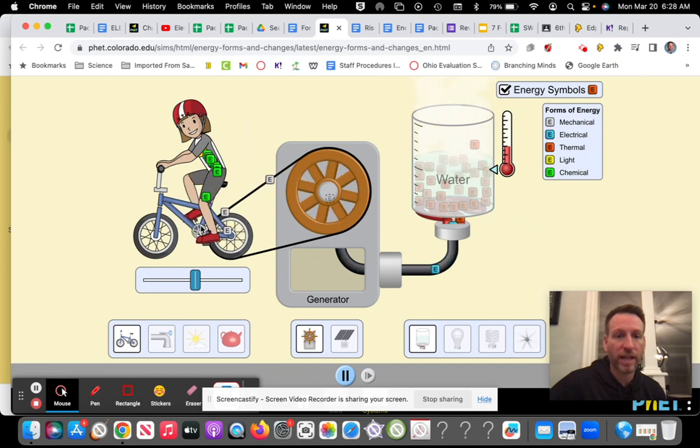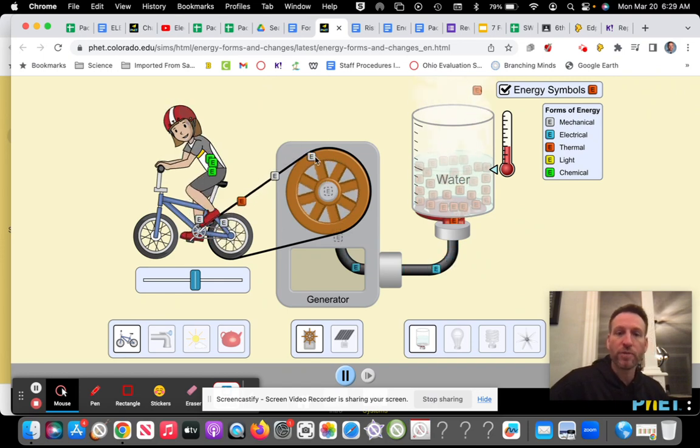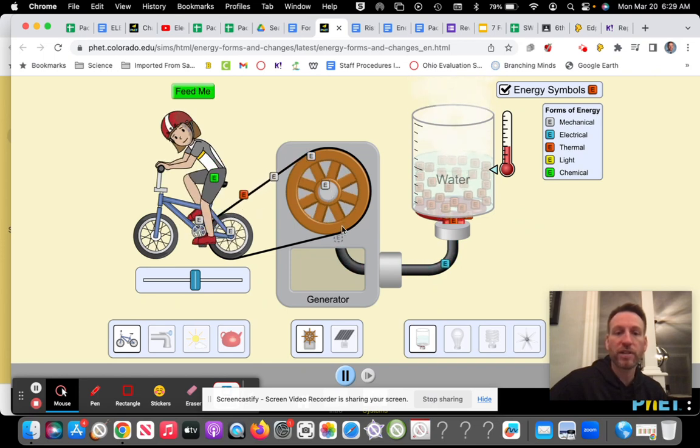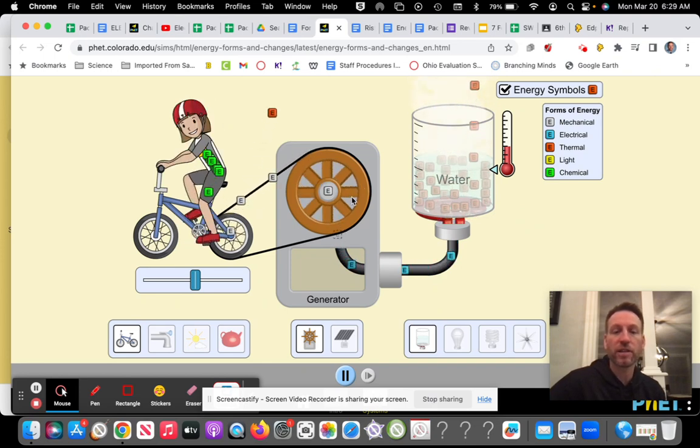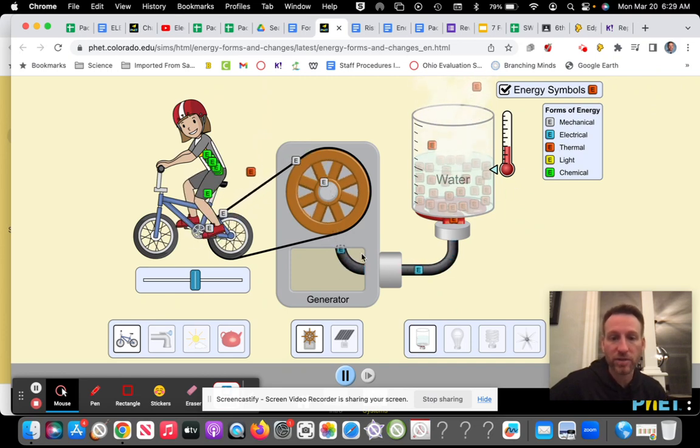So the green chemical turns into gray mechanical. The mechanical is going through the wheel generator. And that wheel generator is then turning the mechanical energy into blue E's, which is electrical. So it's going from mechanical to electrical.